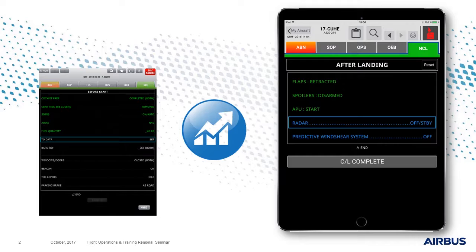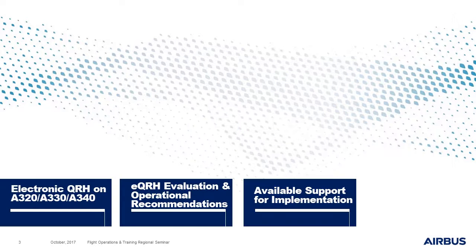The objective of this presentation is to provide you with some useful information to help you to implement the eQRH within your airline. I will break down my presentation into 3 parts. I will first give you a short overview on the electronic eQRH.